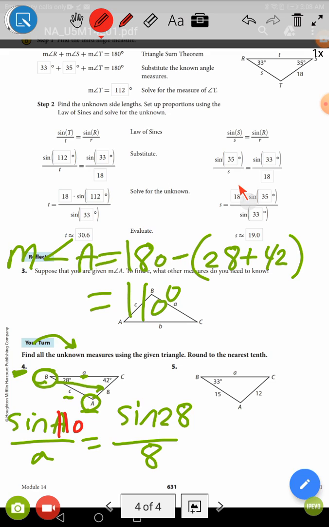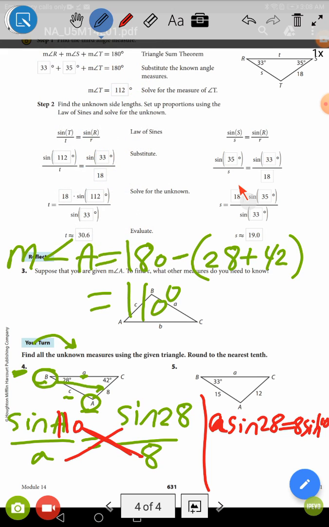Then cross: 8 multiplied by sine 110 equals A multiplied by sine 28.